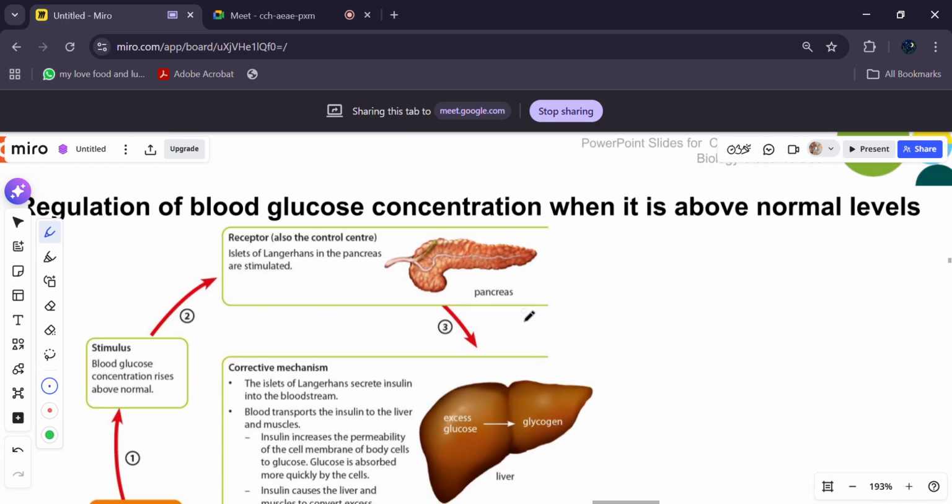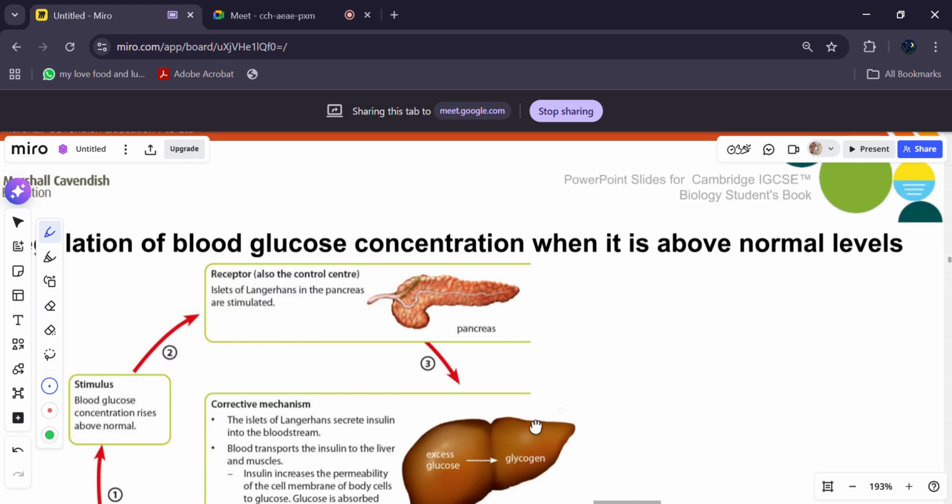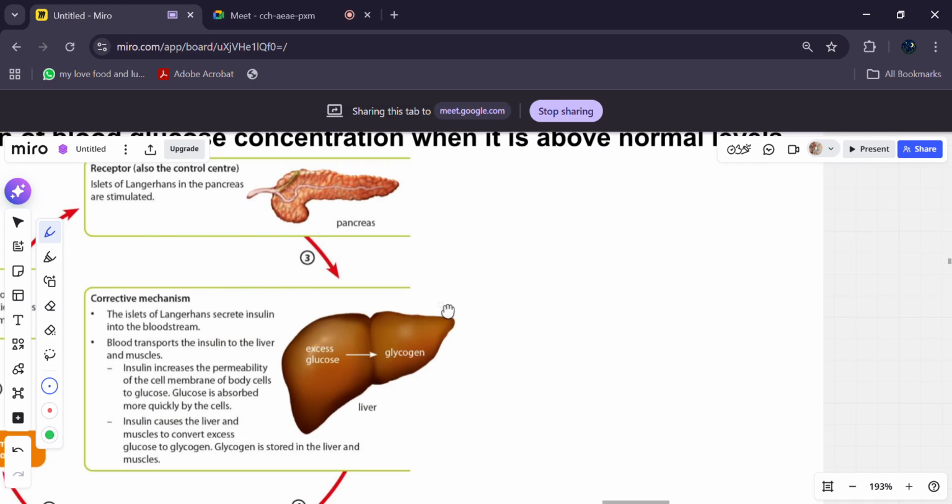The blood normally contains around 70 to 90 mg of glucose per 100 centimeter cube of blood. The glucose level in our blood rises after a sugary meal. When we eat something sweet like candies and biscuits and cookies, the glucose levels in our blood rise.